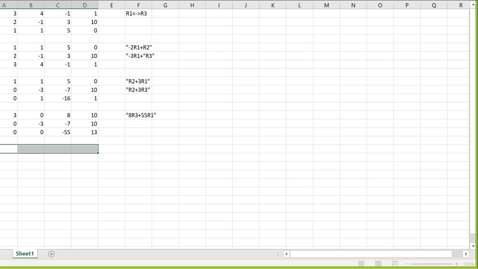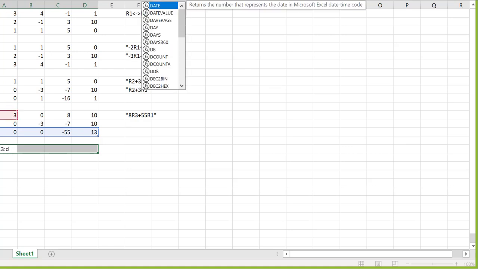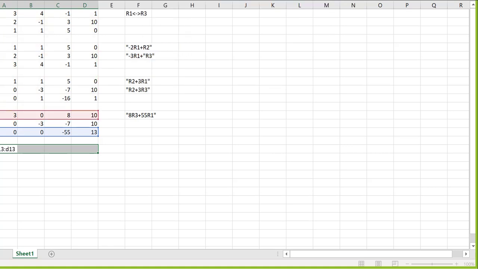We want 8 times, and then our row 3 is going to be A15 colon through D15. So we get it highlighted, plus 55 times our row 1, which is going to be A13 through D13. And we press Control-Shift-Enter, and we get this.